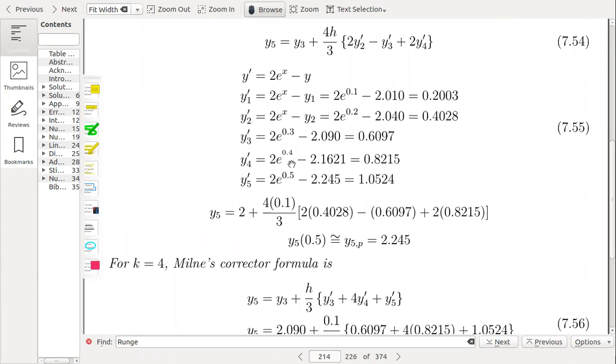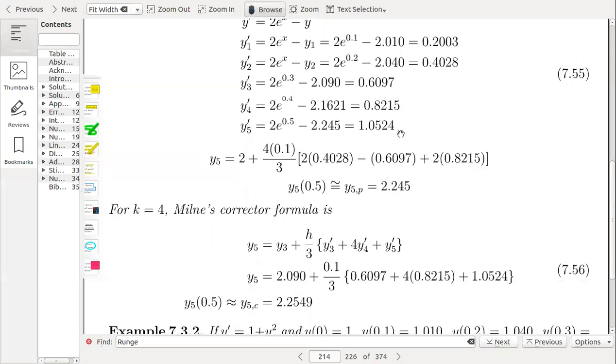So we will compute the values, and we will have y1 prime is equal to 0.2003, y2 prime 0.4028, y3 prime this, y4 prime 0.8215, and y5 prime 1.0524.